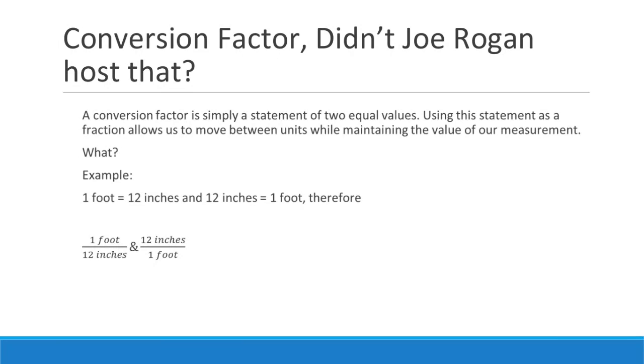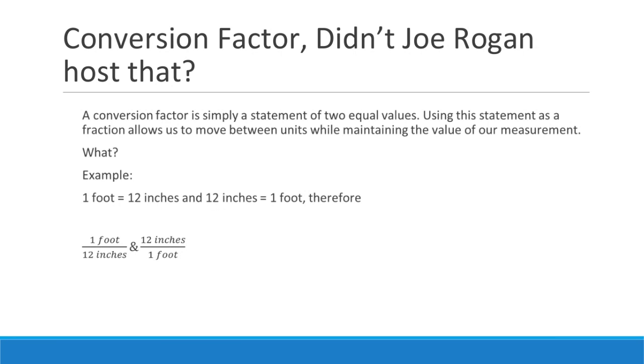No, it's actually, like I've said, a statement of two equal values, like 1 foot equals 12 inches and 12 inches equals 1 foot. It works forward and back, no matter how I say it.